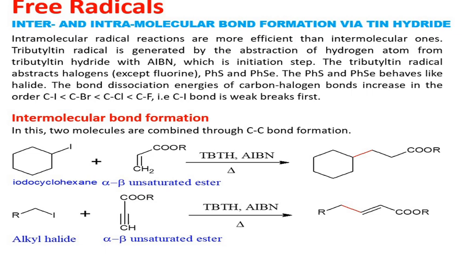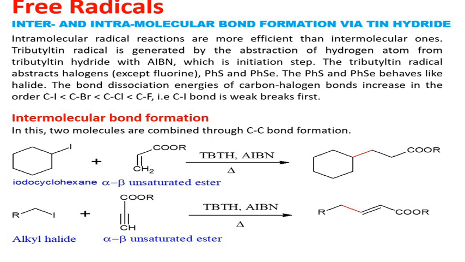We have also studied its mechanism: iodocyclohexane and an alpha-beta unsaturated ester in presence of tributyl tin hydride and azo-bis isobutyronitrile react to give this compound. There is a carbon-carbon bond formation.